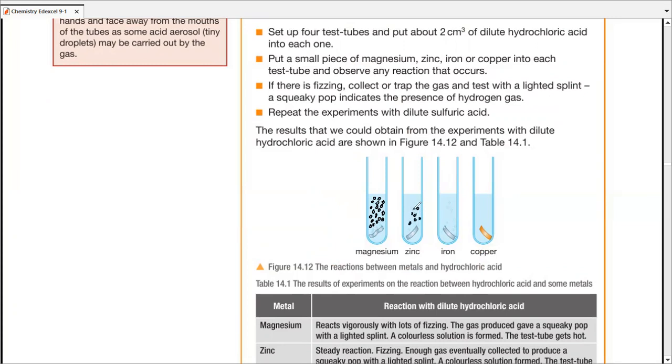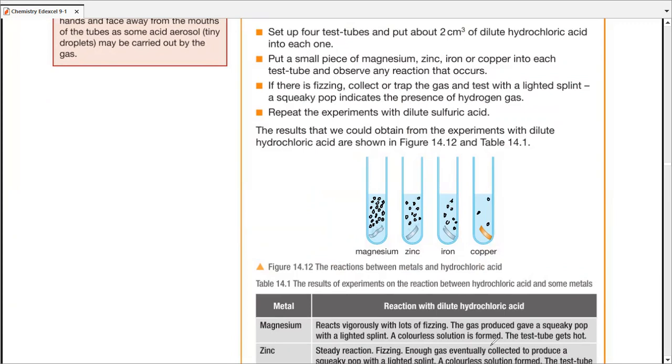Now, if I recolor all the bubbles in here, you'd notice that we have many fewer bubbles in case of copper. So these bubbles or the amount of fizz that comes out gives you a pretty good idea which one is more reactive, which one's less.